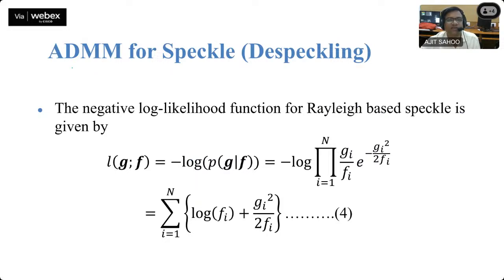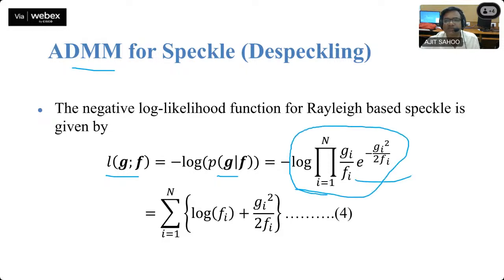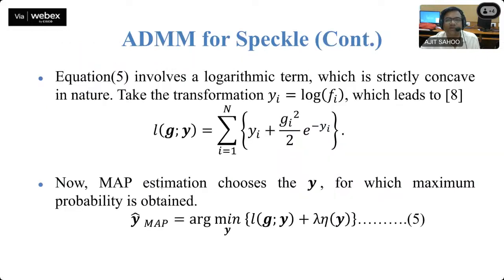For speckle, how to calculate LGF? LGF is minus log p(g|f). For speckle, this is the Rayleigh speckle equation, and from here you find LGF. Equation 5 involves a logarithmic term which is strictly concave.